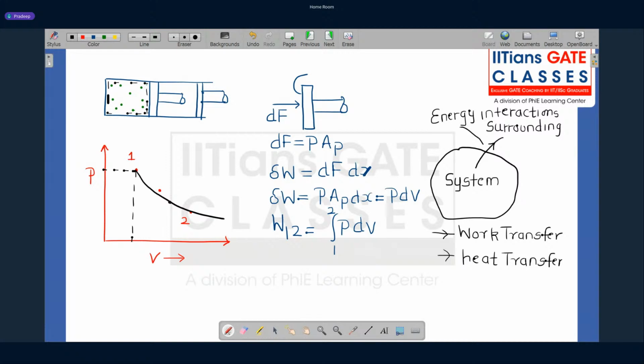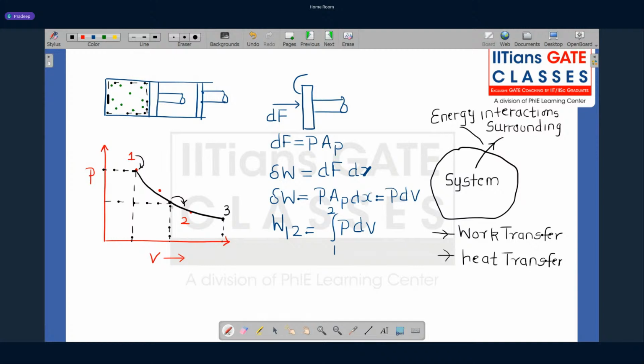At this point also the state is completely defined, and similarly at this point. So this point is my state point 1, this is state point 2, this is state point 3, and the system is passing through all these states during the expansion process.